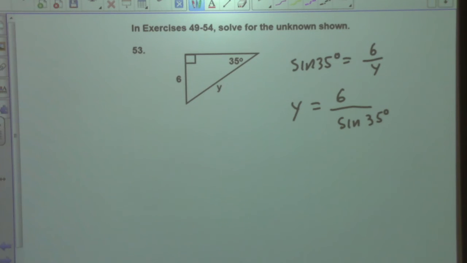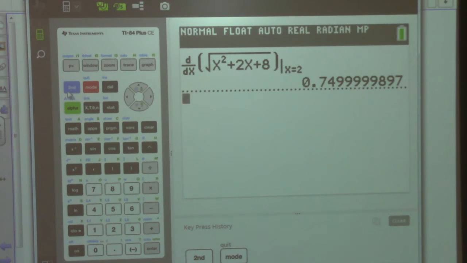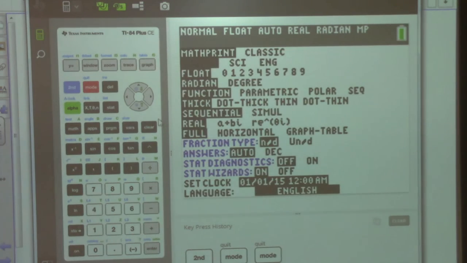And then my calculator, I think I have my calculator in radians if I'm not mistaken. Yeah, I need to have it in degrees. So I go to mode, change this to degrees.